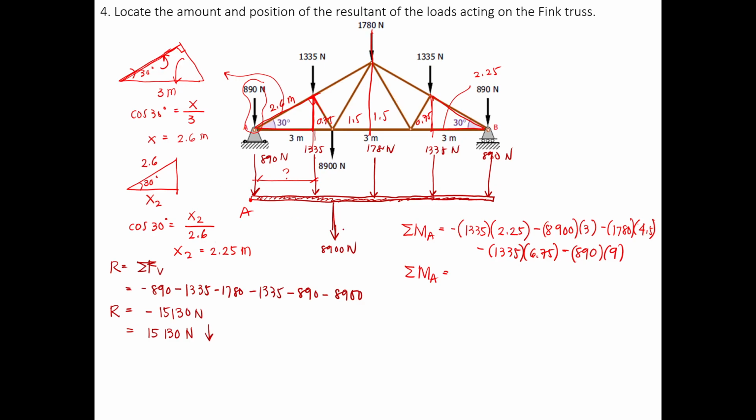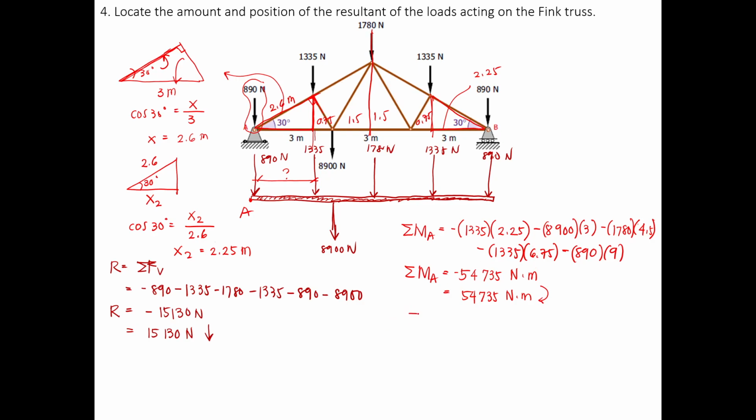Okay, so the total moment of the system is 54,735 negative Newton per meter, or 54,735 Newton meter, then rotation is clockwise.